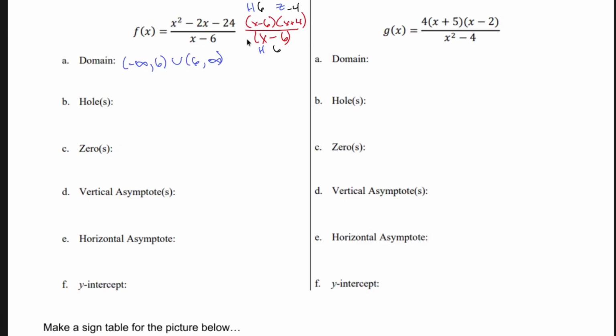My holes are what x value gives me a factor upstairs and downstairs. Well, that's x equals 6. What are my zeros? x equals negative 4. What are my vertical asymptotes? There are none.